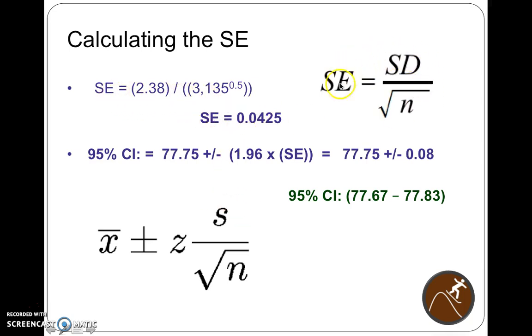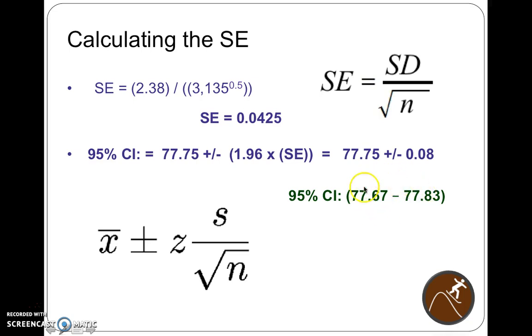So that's all this right here. So we have our standard error. We calculated earlier to be 0.0425. We want the 95% confidence interval. It's 77.75 plus or minus 1.96 times the standard error. And then that will give us this number right here. And that means that we have 95% confidence that our mean is between these numbers.